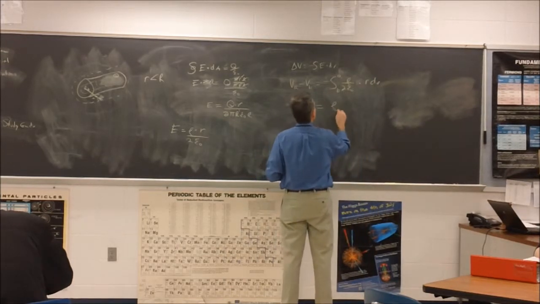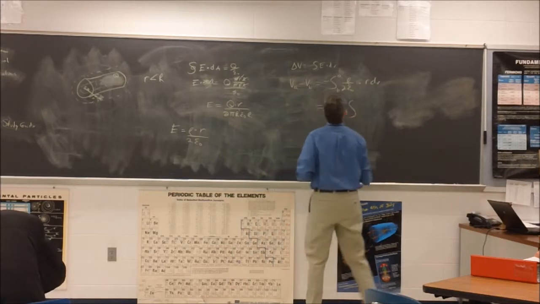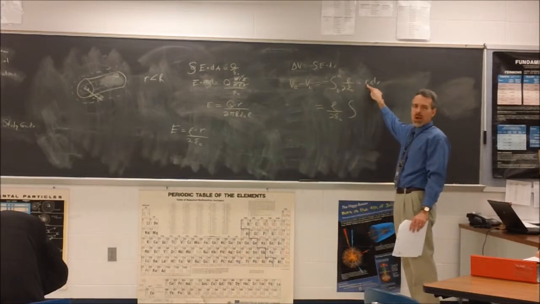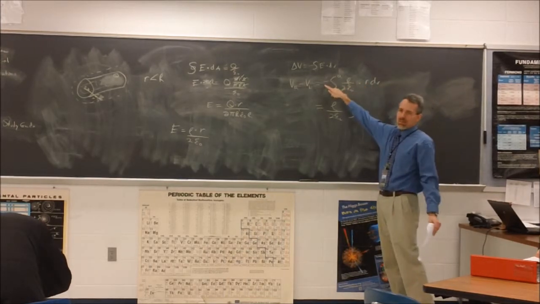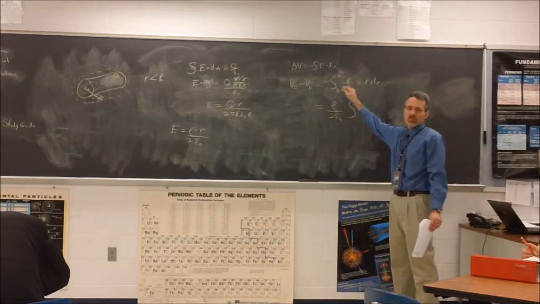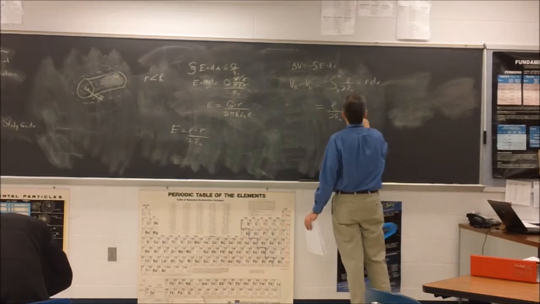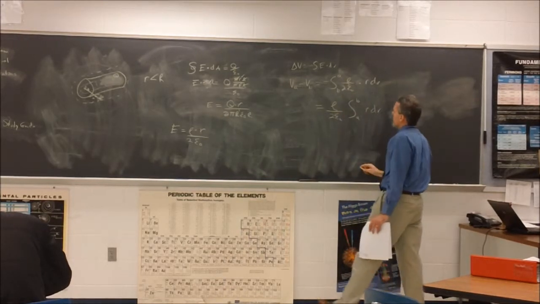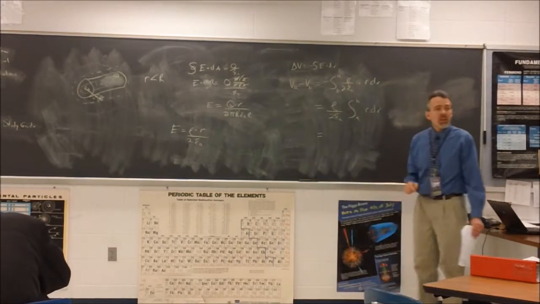So that becomes density over 2 epsilon naught. When I integrate this r, it's going to become r to the what power? Squared. Notice I still will have that negative, so I'm going to reverse the limits of integration and get rid of the negative. So it's going to be B here, A here, r dr. When I integrate that again, what do I get?